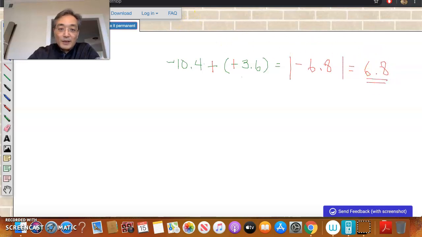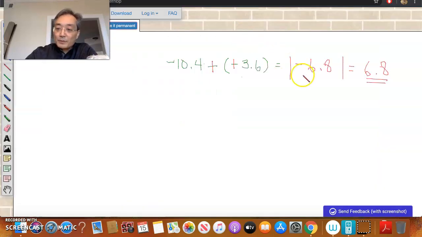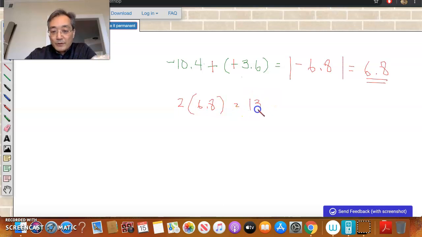So 6.8 is the horizontal distance from the minimum to the maximum. But we're only talking about half of the period here, so we have to double that value to get the full period. So twice 6.8 gives us 13.6. And that is our total period for this particular function.